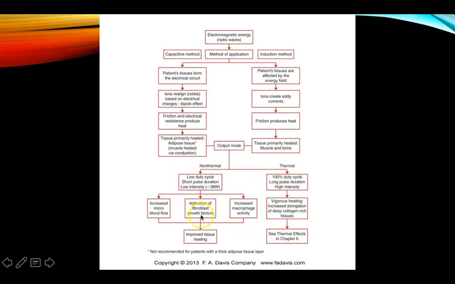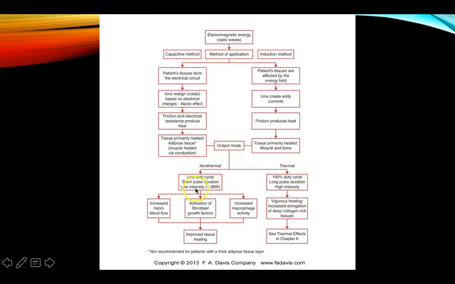We tend to get to the same results, even though they target different tissue. So the induction mainly targets the muscle, bone, blood vessels, nerve. The tissue in the capacitive is mainly the adipose tissue or skin, and then we get to the muscle via conduction. So even though those pathways that we talked about are different, we still get the same results.